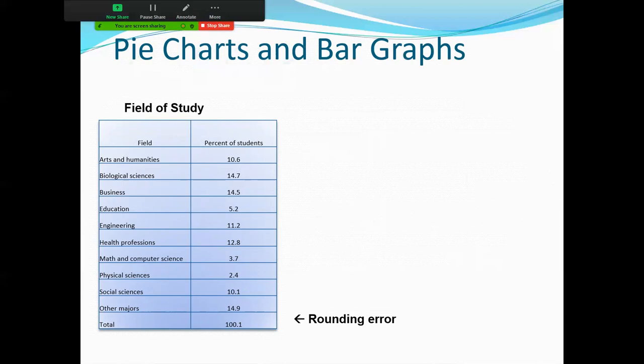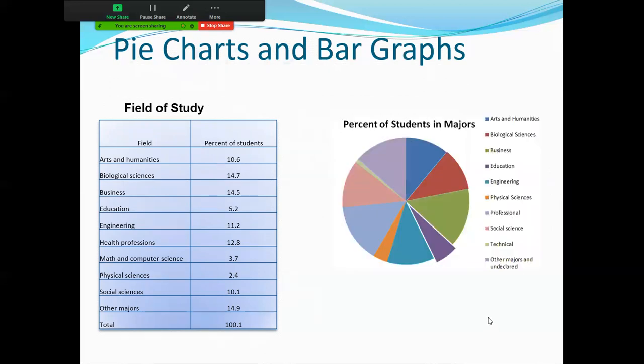There's a total here. We should get 100%, but we have a little extra because of rounding errors. Represented in a pie chart, the 100% can be listed as different wedges, given colors to help identify. So let's try to find the largest one, 14.9%.